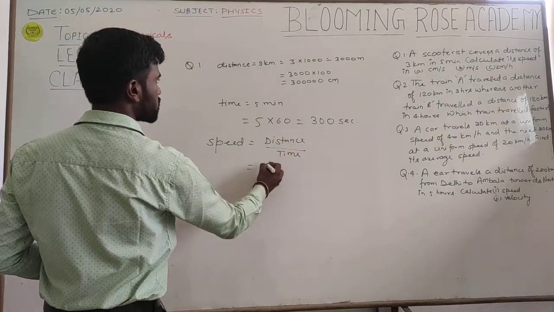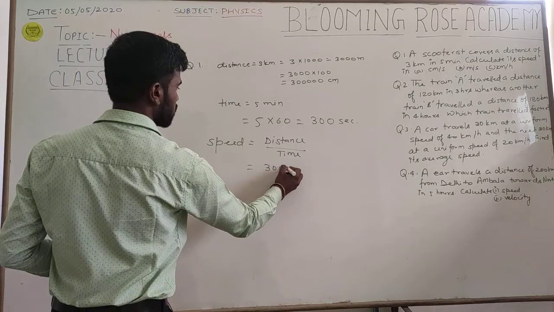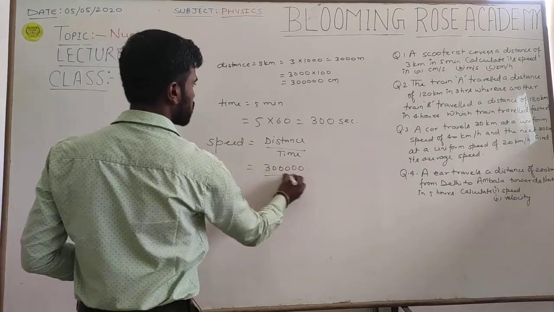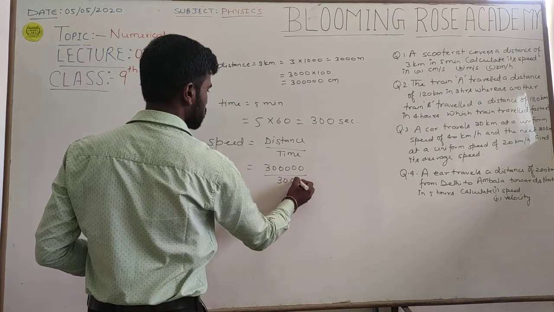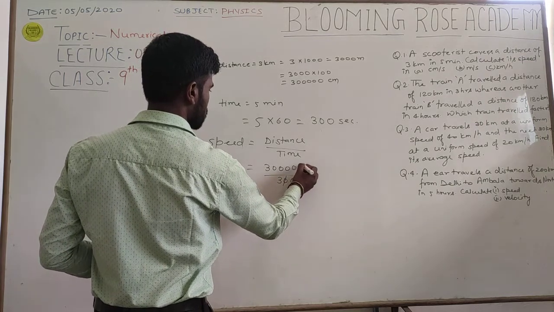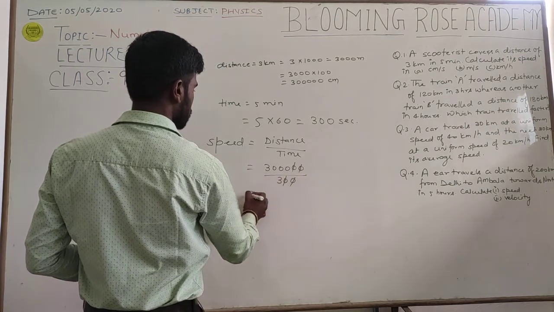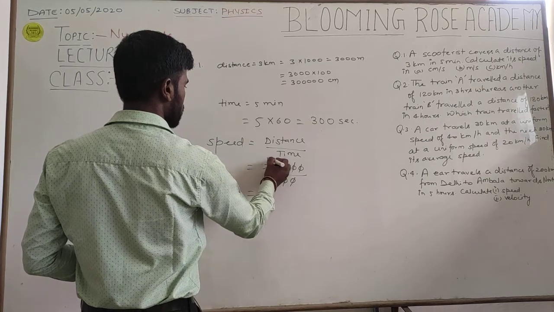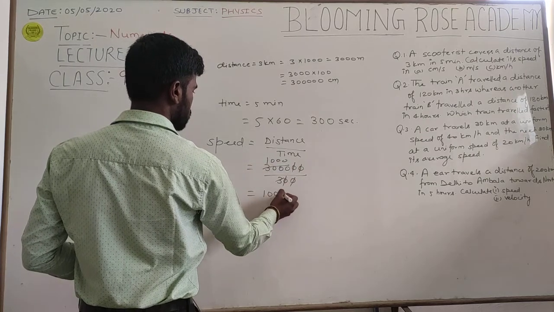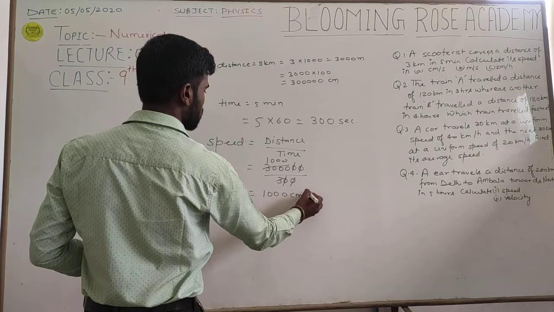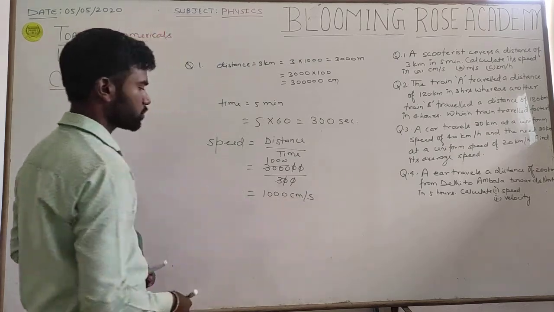Then distance is equal to 3 lakh upon 300. So we have speed 1000 centimeter per second.